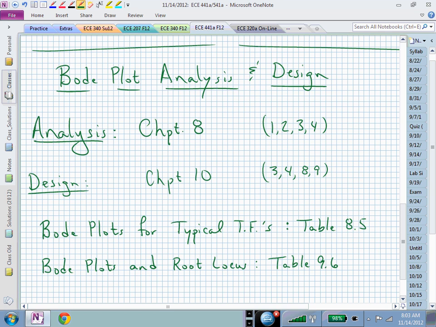We'll go back to new sections and talk about how we design controllers using Bode plots. If you want to just get a feel for what's going on, you can look at table 8.5 or table 9.6, and that provides you with some examples of what a transfer function looks like and what its corresponding Bode plot would look like, if you want just some reminders as to what to expect or look for when we're talking about Bode plots.